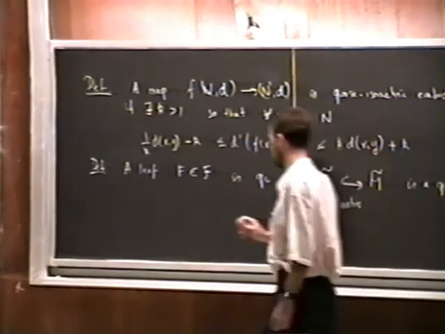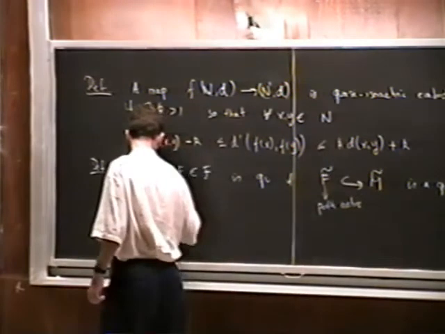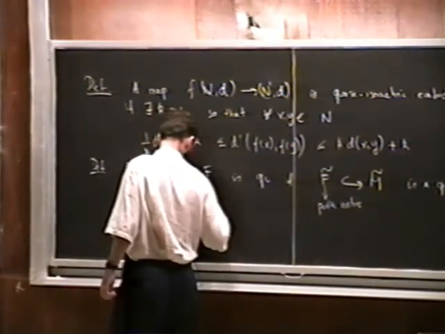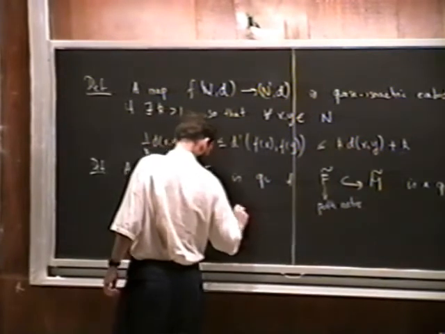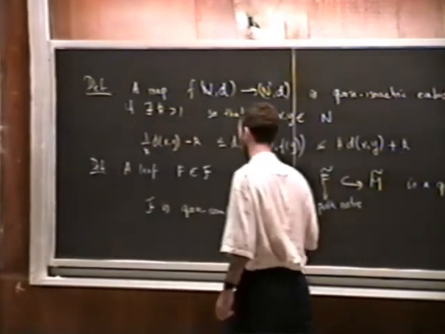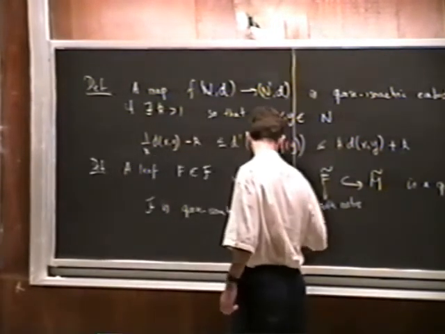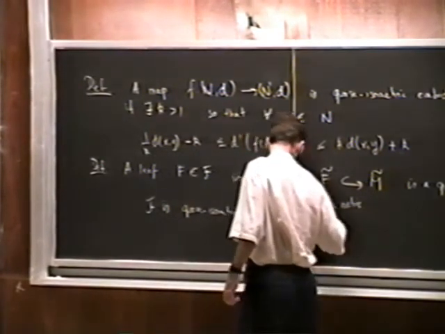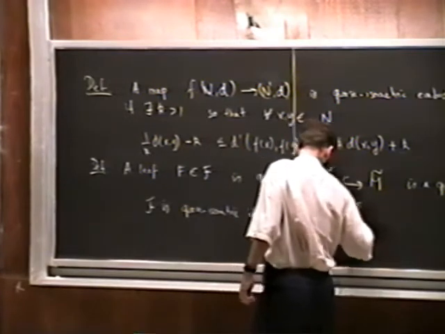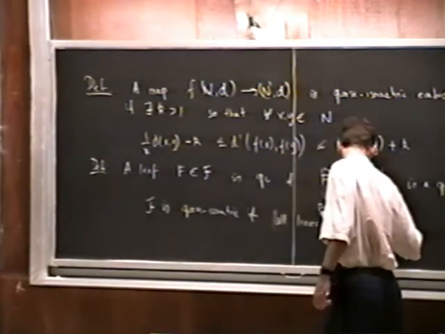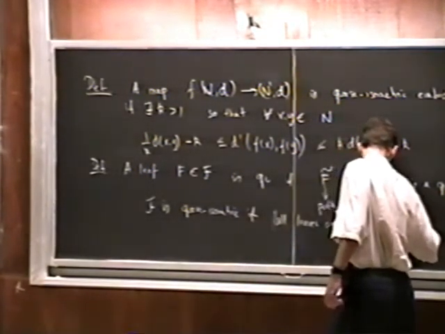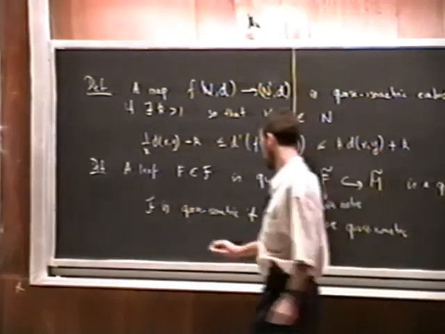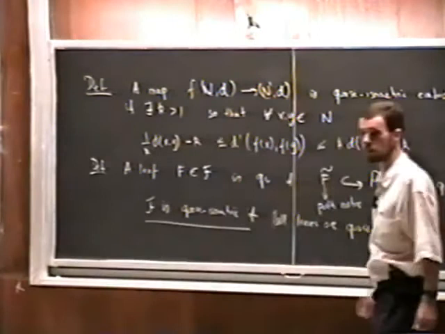Okay? And the foliation is quasi-isometric if all leaves are quasi-isometric. Okay? So I'm going to look for quasi-isometric foliations.